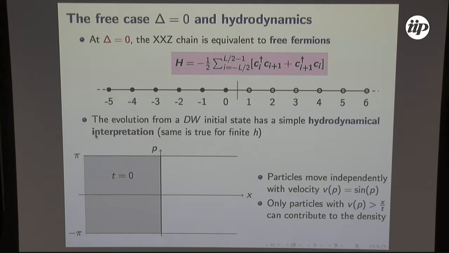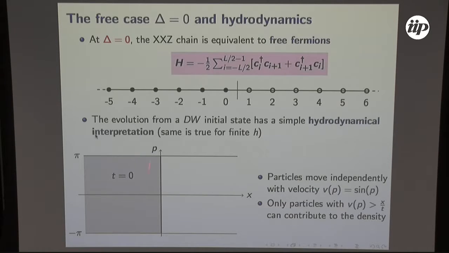So if you take time 0, what happens is that you fill all the single particle energy levels in the first Brillouin zone on the left, from minus pi to pi for this tight binding model. And then on the right you have nothing, because you have no fermion, no particle that you can put in the single particle energy levels.